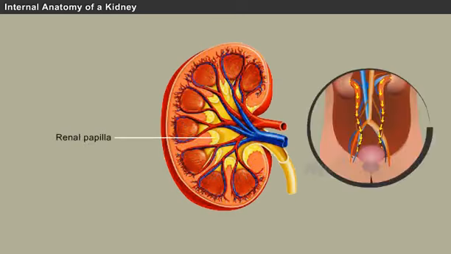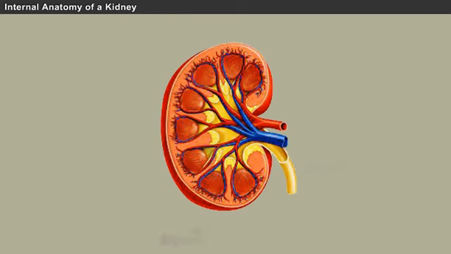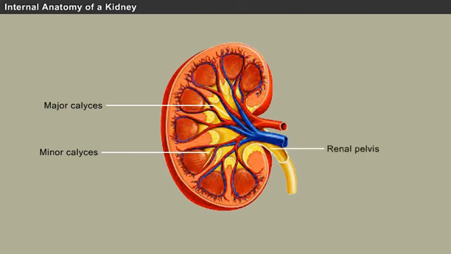Also, each pyramid creates urine and terminates into a renal papilla. Also, each renal papilla drains into a collecting pool called a minor calyx. Several minor calyces connect to form a major calyx. Moreover, all major calyces connect to the single renal pelvis, which connects to the ureter.